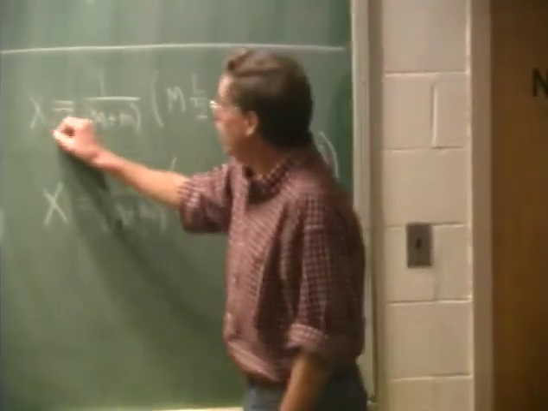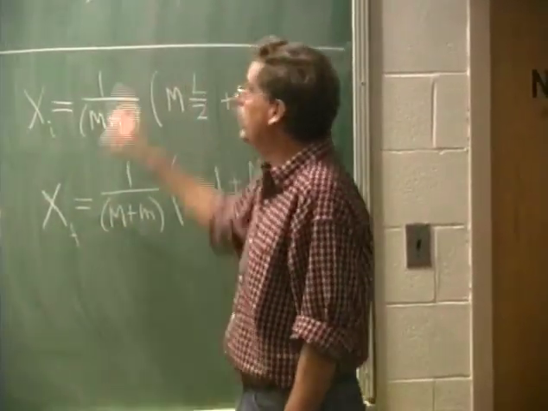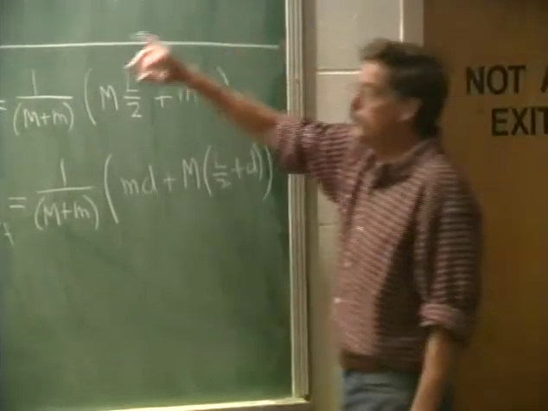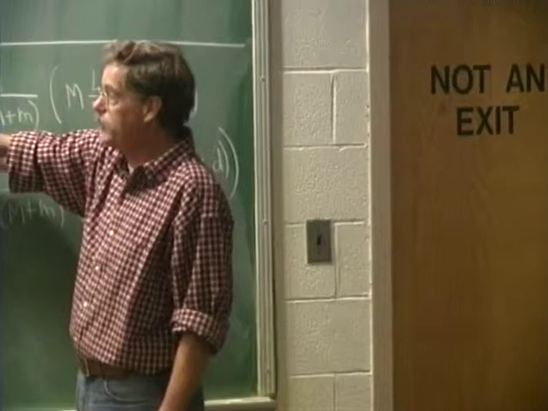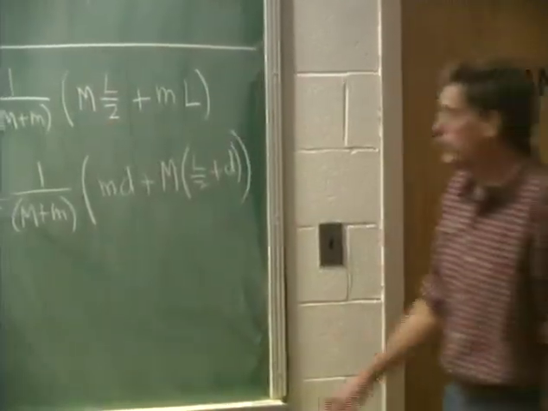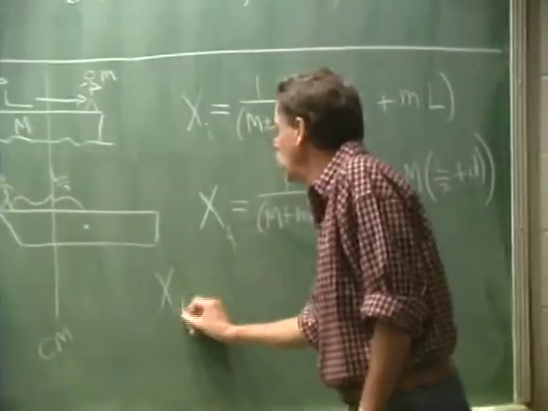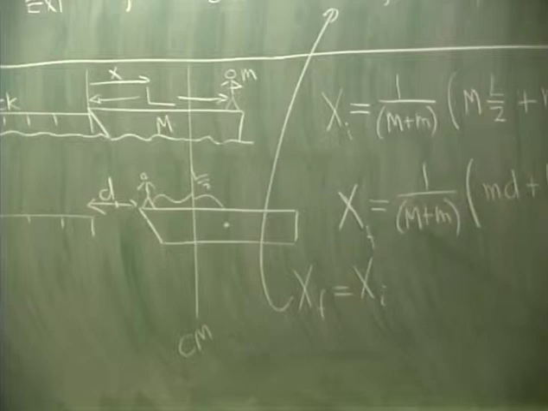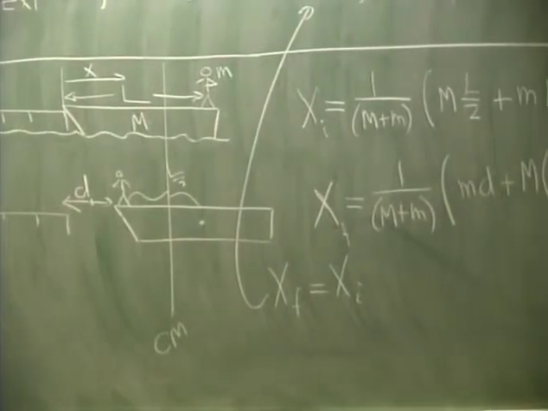So x initial must be x final, because originally the center of mass was equal to 0 when I just pulled into the dock and stopped there, and there's no external force. So x final is equal to x initial. The center of mass does not move.